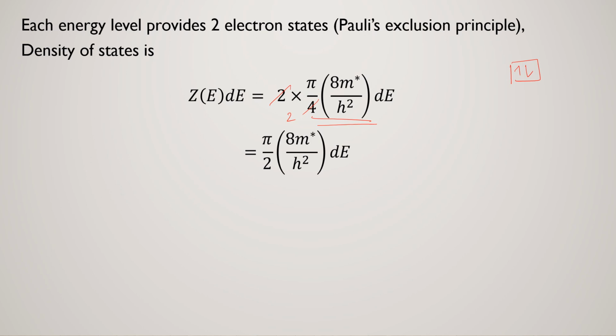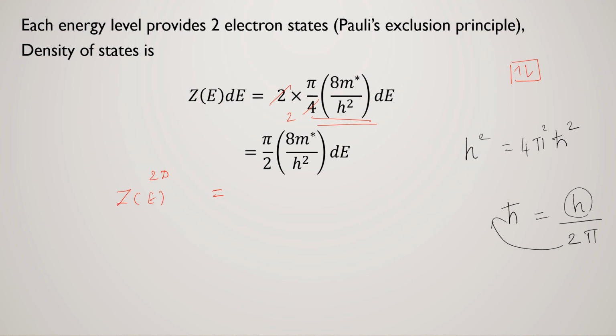Now, the density of states for the two-dimensional structure can be obtained by replacing h square by 4 pi square h cross square, because h cross is called the reduced Planck's constant, that is h divided by 2 pi. Then h is equal to 2 pi h cross. Therefore, h square is equal to 4 pi square h cross square.